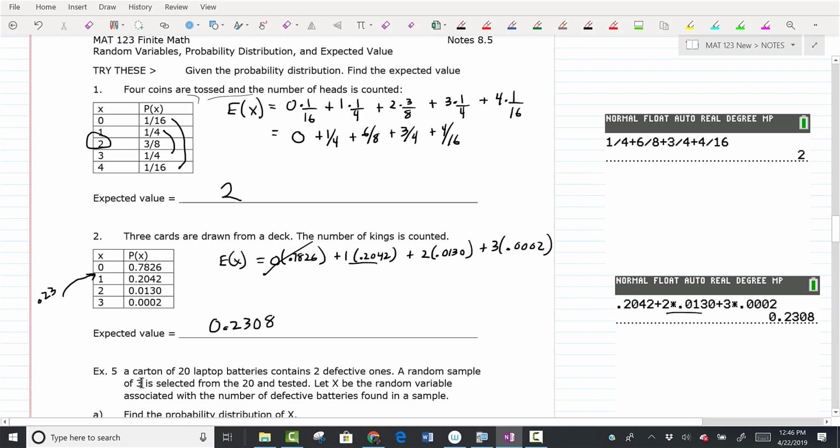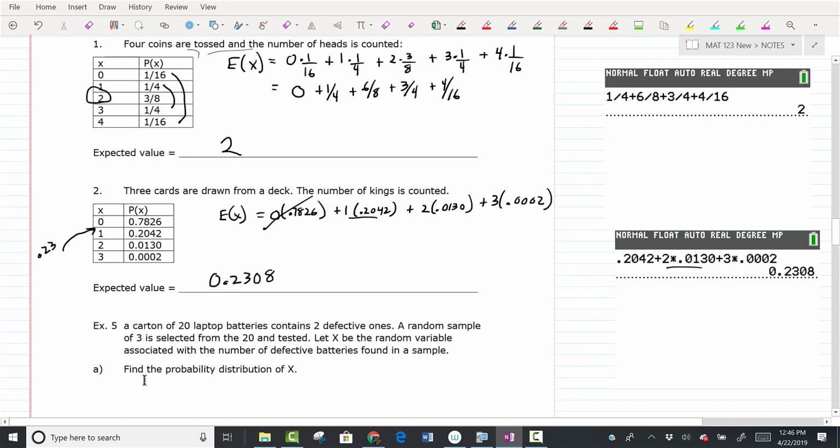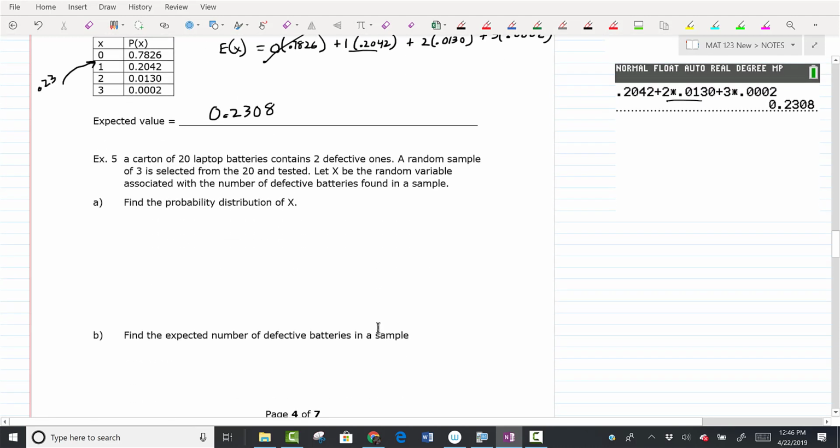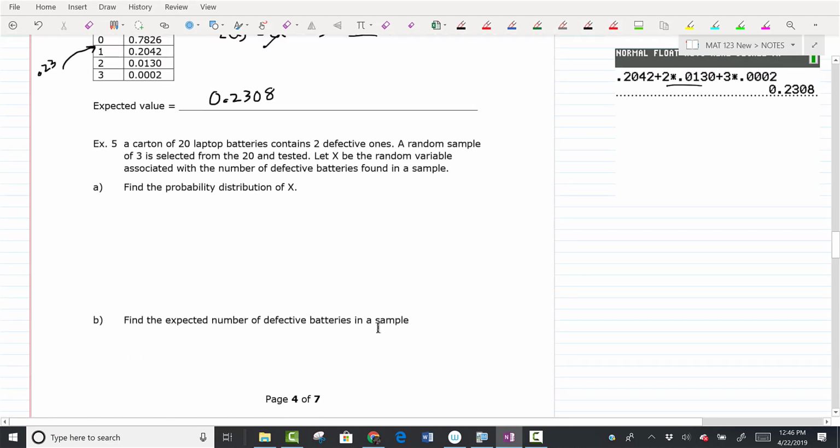Okay, so let's see. Now the next thing I'm going to do is just take a scenario and see if we can put this together. So we're going to do expected value on this example. Let me read the problem, and then we'll try to do it. Usually once we get the probability distribution put together, then it's pretty easy to find the expected value.